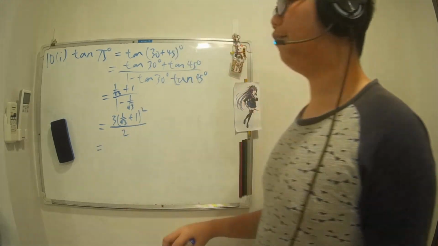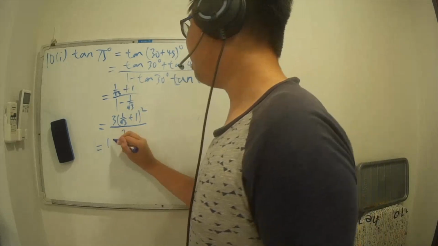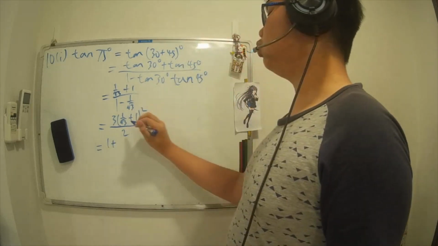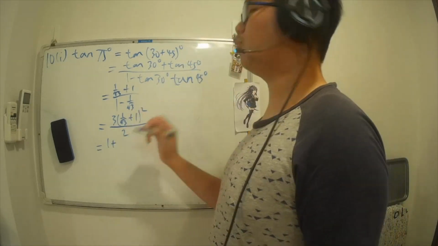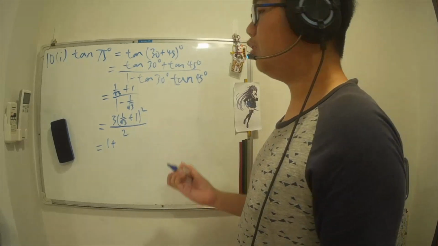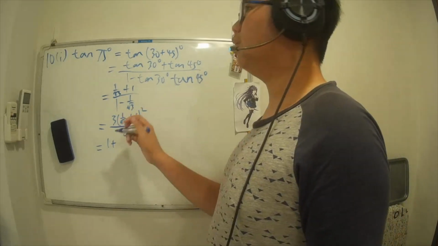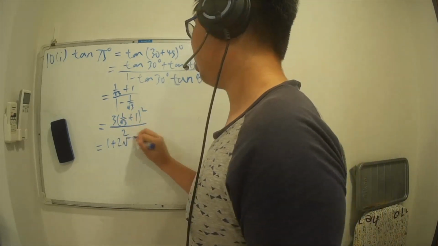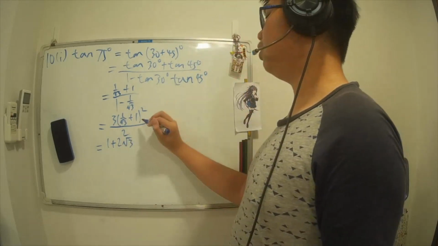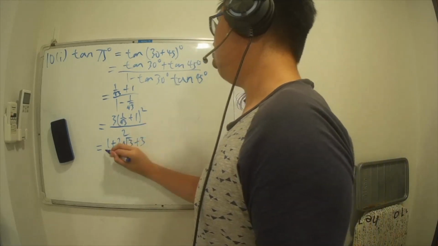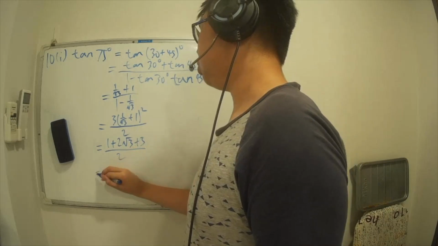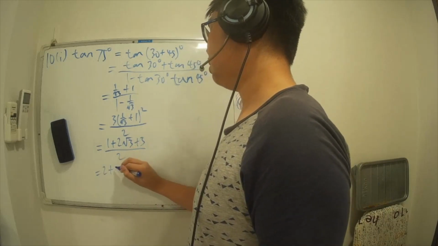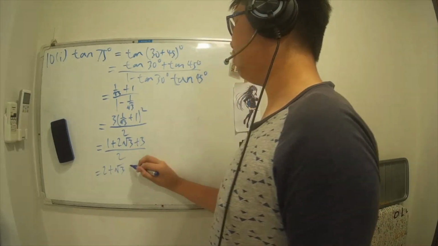Then I'll have 1 over 3, so I have 1 plus 2 of these, so 2 over square root 3 over 3, then 2 square root 3, then over here I'll have just plus 3 all over 2, and this is equal to 2 plus square root 3, right?